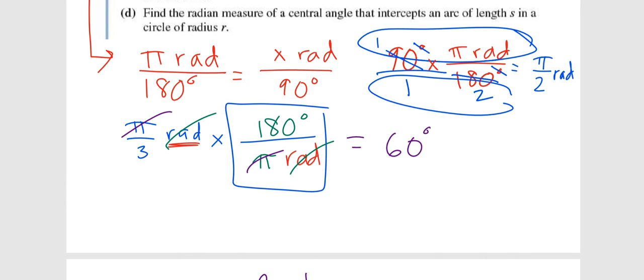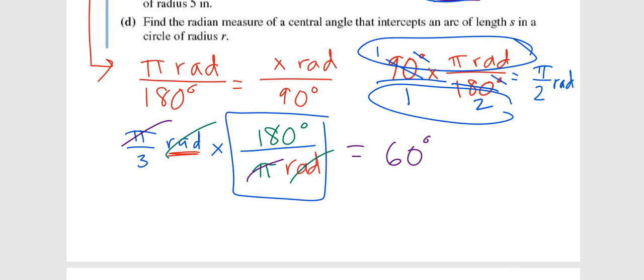All right, so the last one says find the radian measure of a central angle that intercepts an arc of length s in a circle of radius r. Yes, I know that's abstract, folks. They didn't give me a whole lot of numbers to work with.